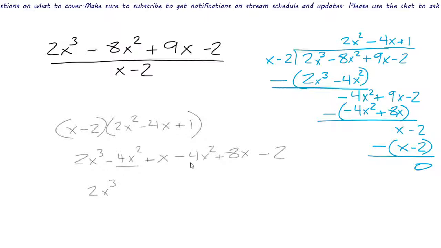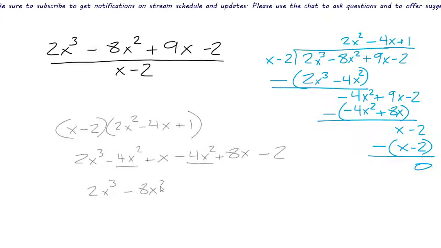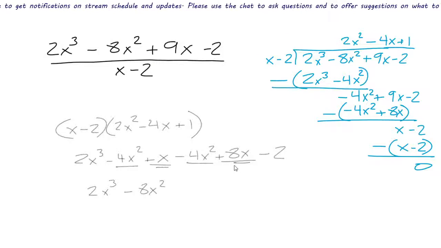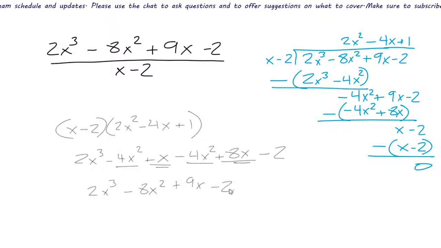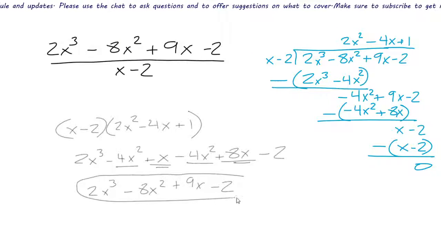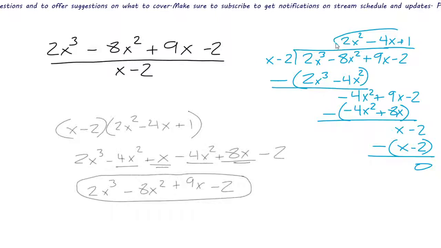We have 2 second degrees, that's x squared and negative 4x squared, so that's negative 8x squared. Then we have a first degree, so x plus 8x, positive 9x, and then negative 2. So does this match up to what we were dividing from? It does. So our answer is good. So our final answer would be 2x squared minus 4x plus 1.